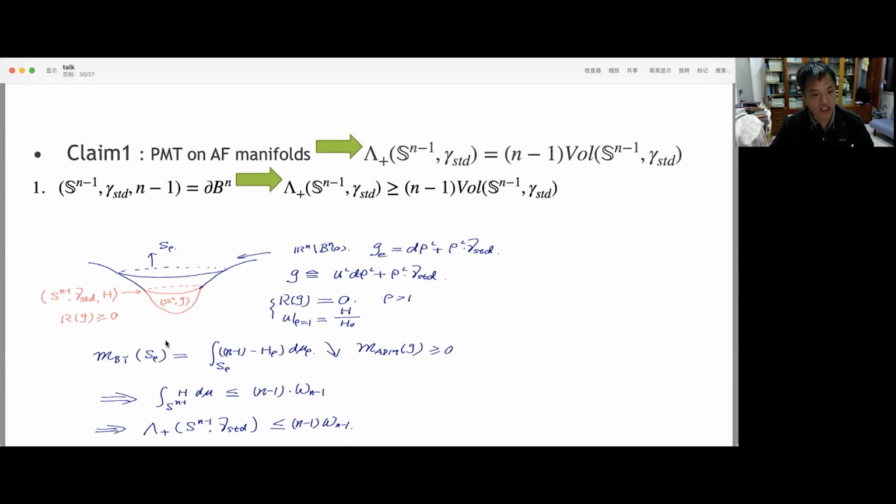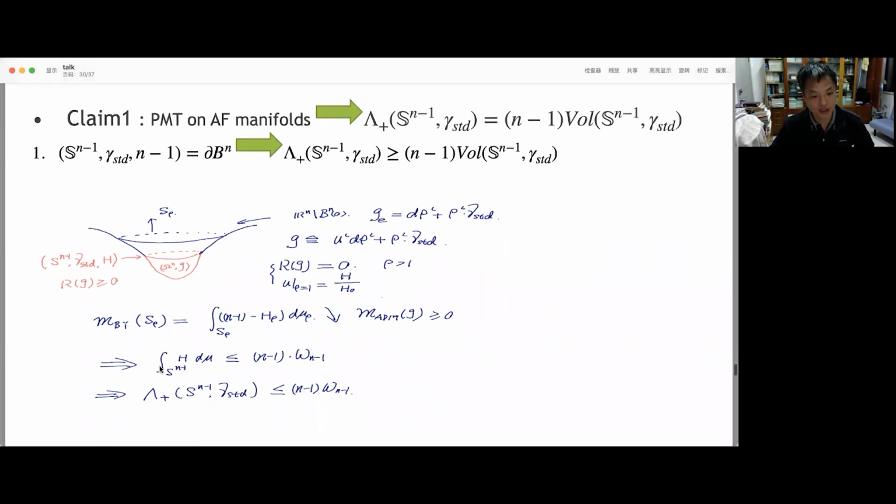And we can show that this quantity, which is the generalized Bartnik mass, is decreasing along this quasi-spherical metric and converging to the ADM mass of this metric G, which is positive. So we get the total mean curvature cannot make sense these ones, and combining those things together, we get this. That means the positive mass theorem being true would imply this inequality is true.